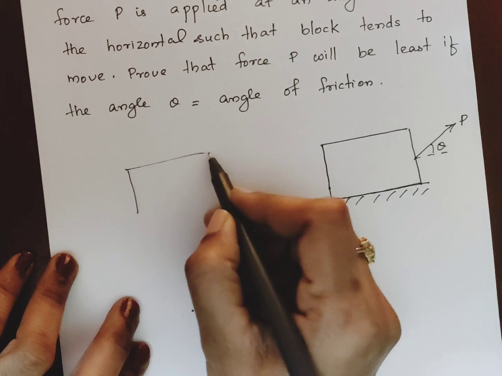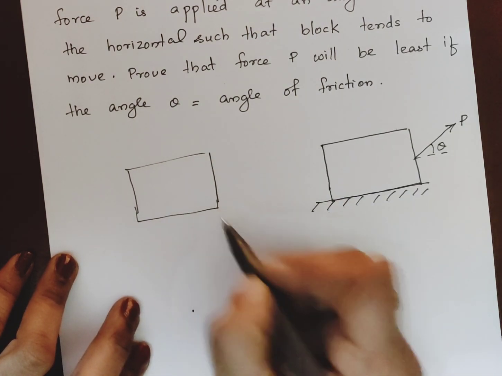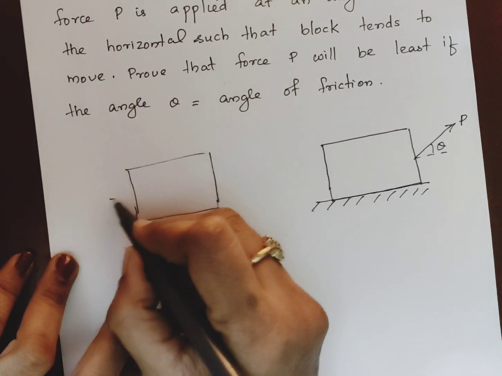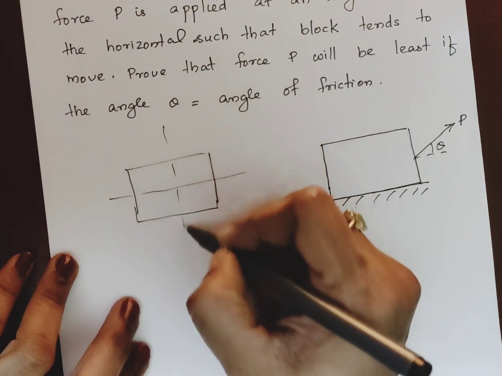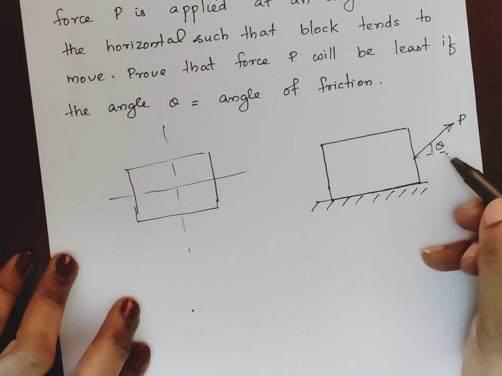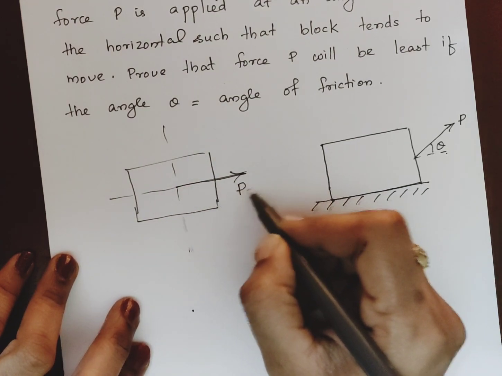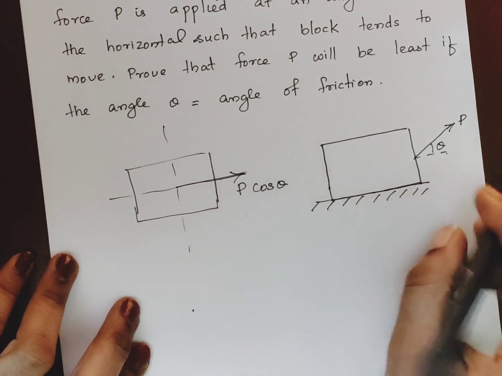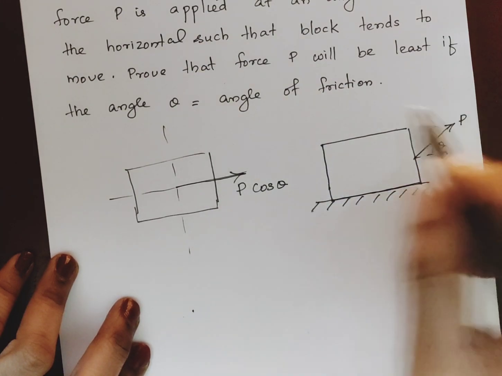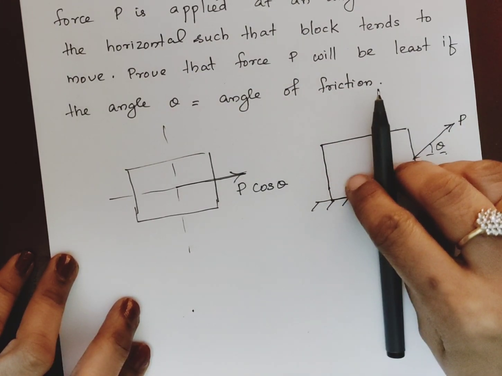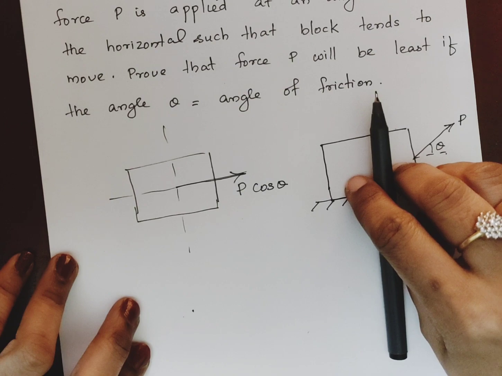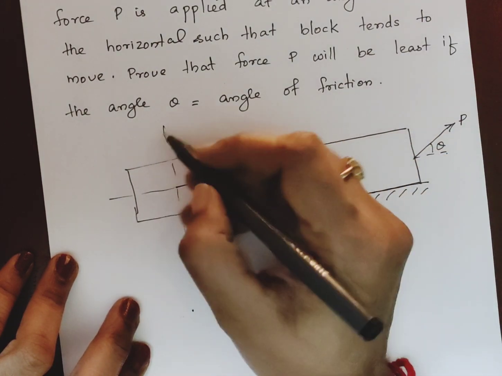First step is you have to draw the free body diagram. So here this is your x-axis and this is your y-axis. P is inclined at an angle theta with the horizontal. So x component is P cos theta and the direction is towards the right. And the vertical component is P sin theta, it is upward.